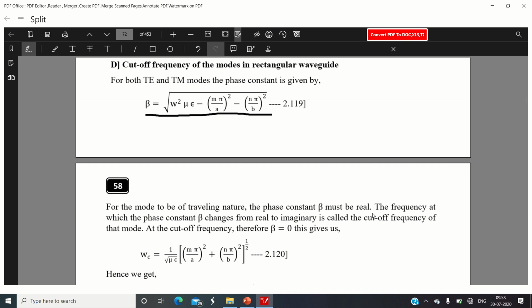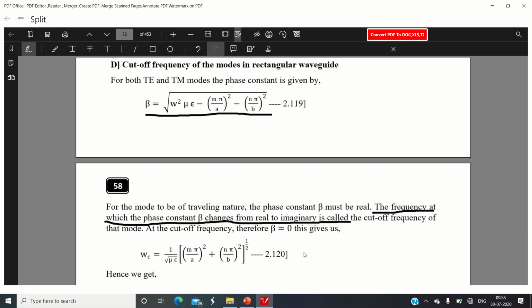So this is a very important term: the frequency at which the phase constant of the waveguide changes from real to imaginary. When it changes from real to imaginary, the wave traveling stops. When the phase constant is a real value, the wave is traveling, and when the phase constant becomes imaginary, the wave will not travel.